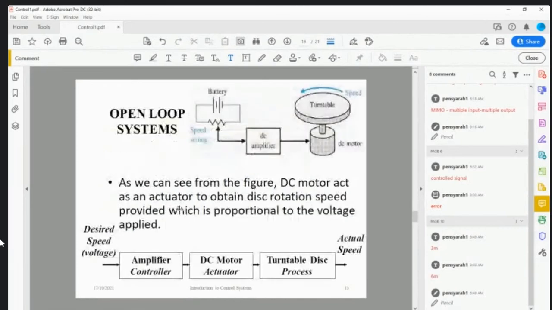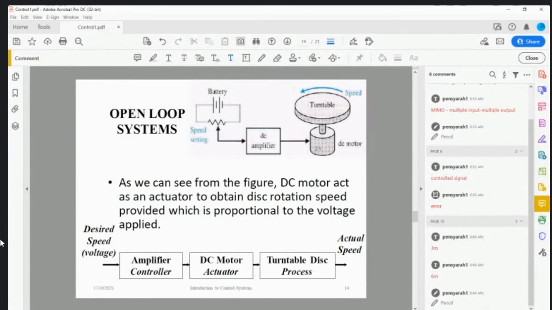Let's see the open loop system first. Before you design the closed loop system, of course, there is already an open loop system, where the controller is just setting the speed. The turntable system uses a DC motor as an actuator, so the input to the DC motor is voltage.